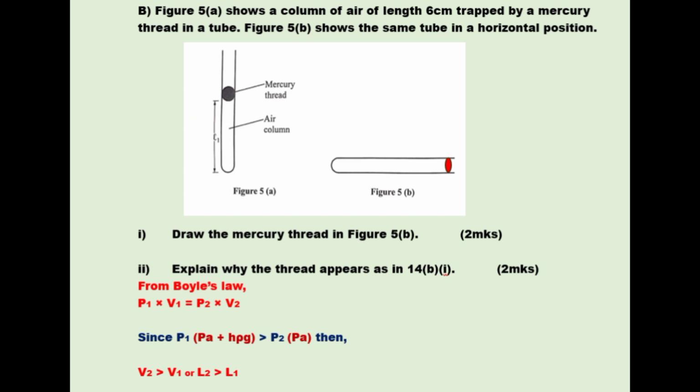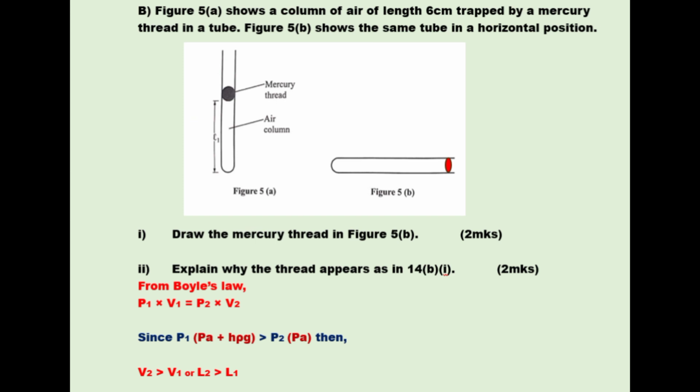But in 5b you realize that the only pressure acting against the trapped air is atmospheric, because the weight of the mercury thread is acting downwards, so it's not affecting the trapped air. That means the pressure of the trapped air is equal to atmospheric, because they are countering each other. To understand more, consider if you heat the trapped air, what would happen?